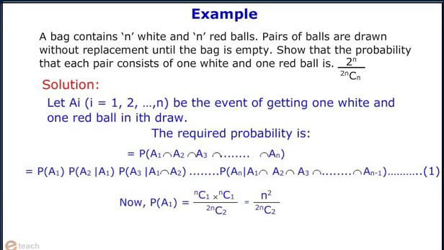Now probability of A1 equals nC1 times nC1 divided by 2n C2, that is equal to n square divided by 2n C2. Probability of A2 given A1 is equal to (n minus 1) whole square divided by (2n minus 2) C2.